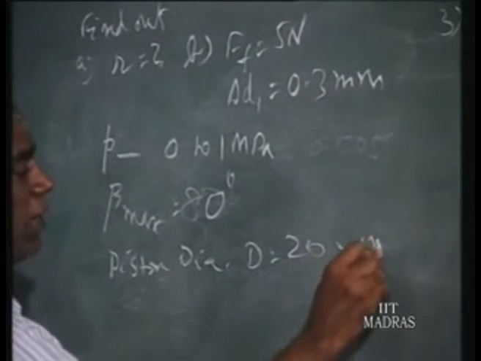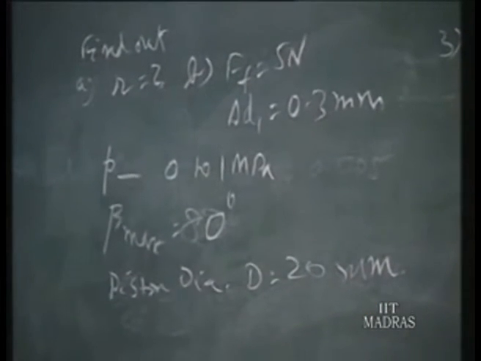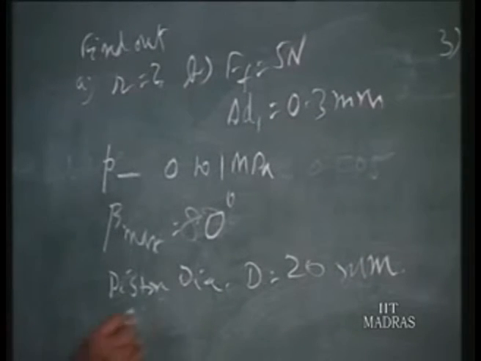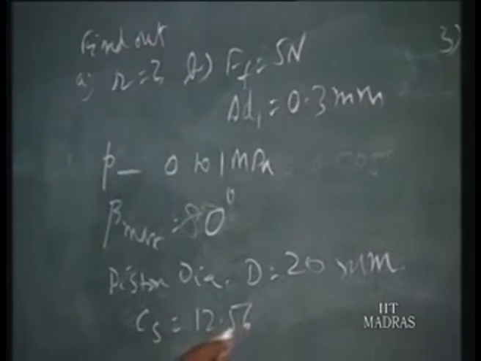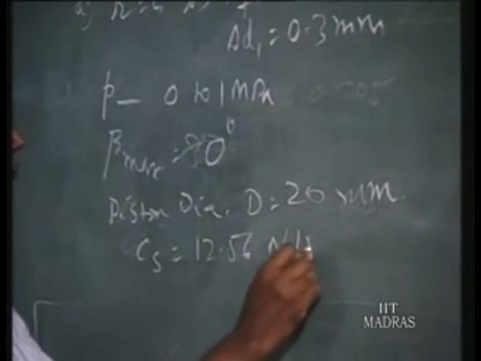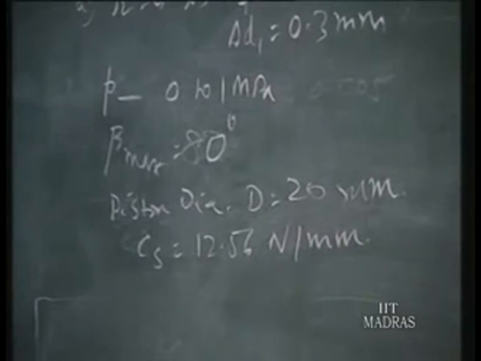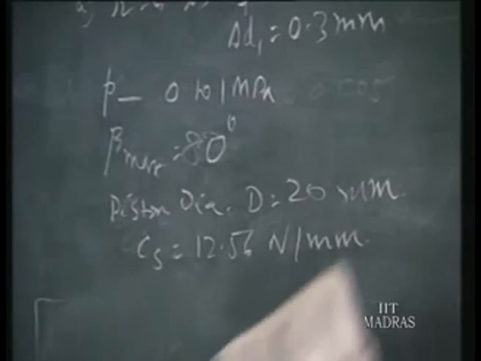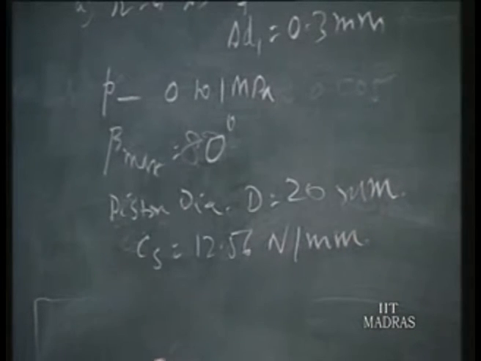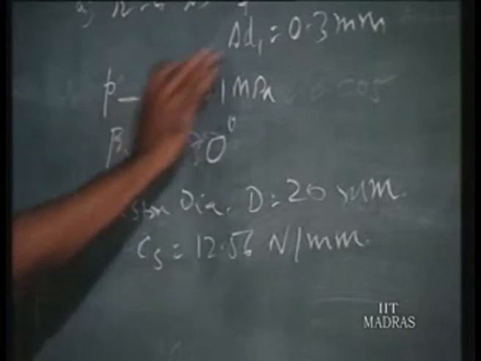So these are the given data, and the spring constant Cs is equal to 12.56 Newton per millimeter. These are the given values of this instrumentation, and the error sources are given.